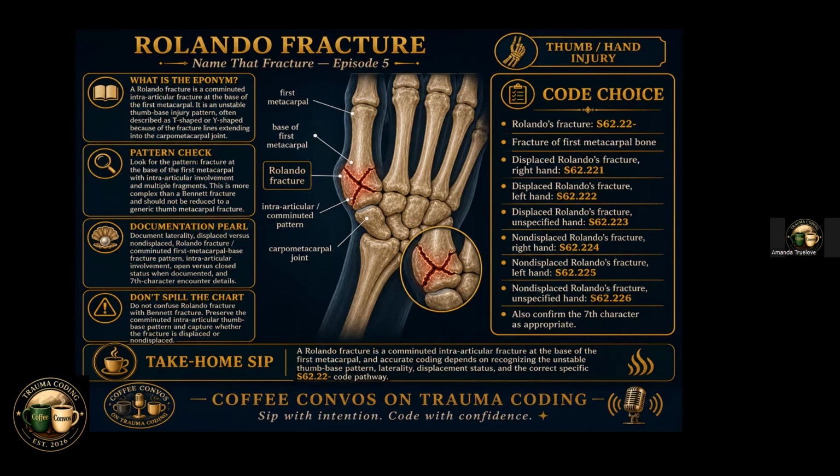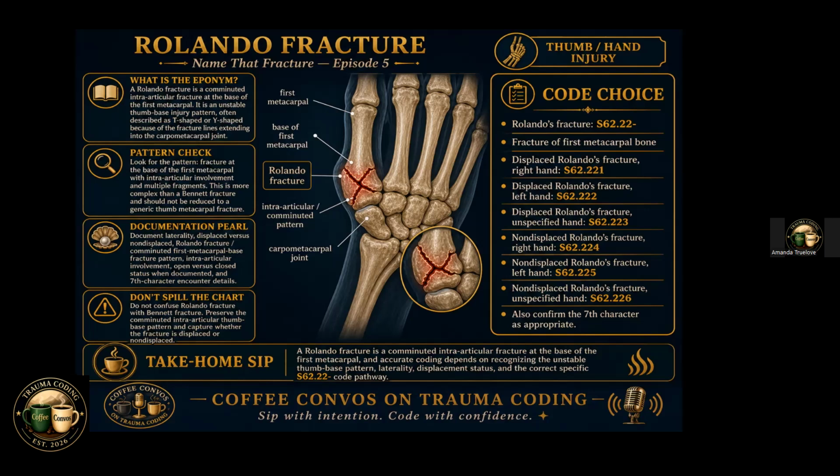Well, if that's the case, trauma injury coders' mindset should be that same region, of course, as for Bennett, but a different injury structure because you have more fragments. There's much more complexity. How they treat it is going to be different. You have more detail that's going to be needed in your record in order to assign a Rolando fracture.